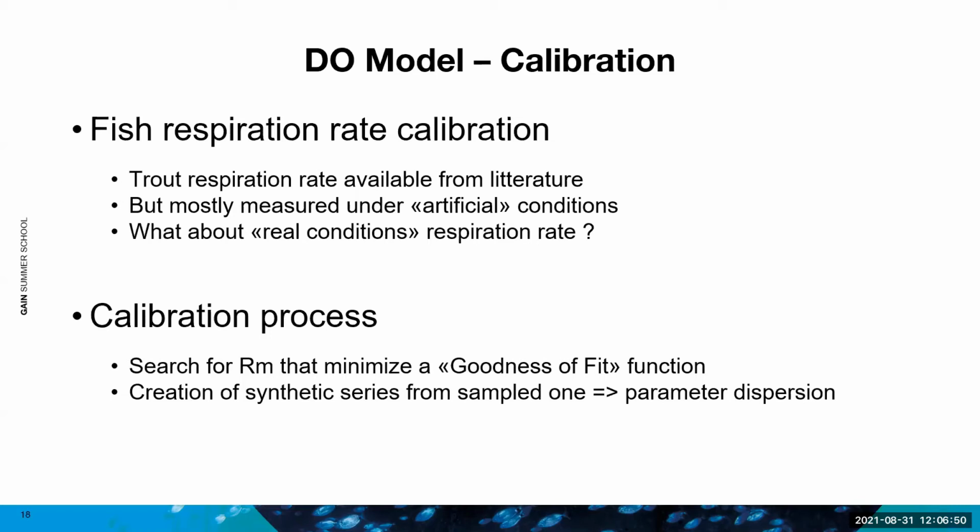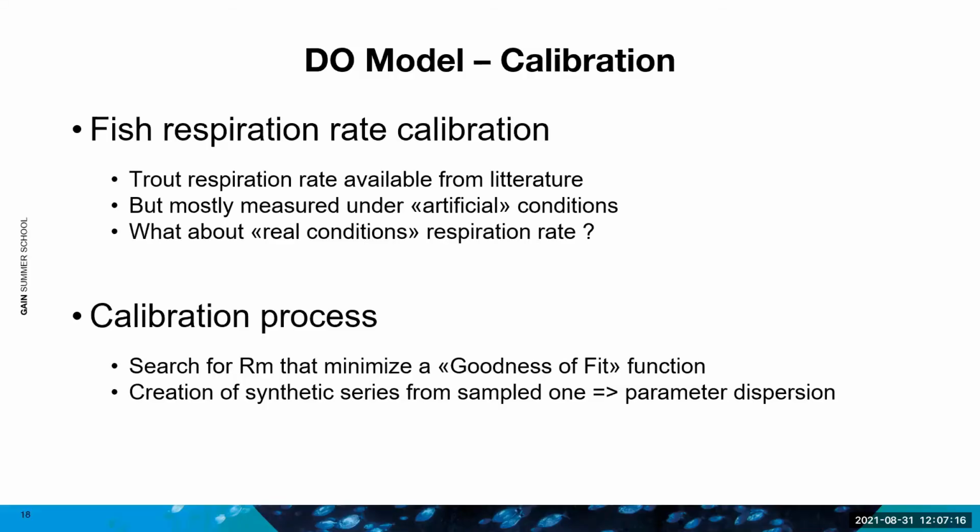So we run the model, we see the time series of the forecast of the oxygen in the output, and then as we made some measurements of the outputs, we compare our forecast with the measurements, and we try to tune the fish respiration rate in order to have the forecast which is the best estimation of what we observed.